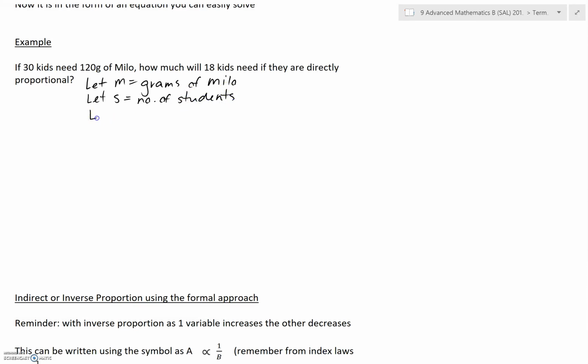And like I said before, I'm going to let K equal the constant of proportionality, because if I include that in my equation, it's going to be something I can solve without any problems. Constant of proportionality. So in this case, constant of proportionality is how many grams per student. That's what it's going to tell us.